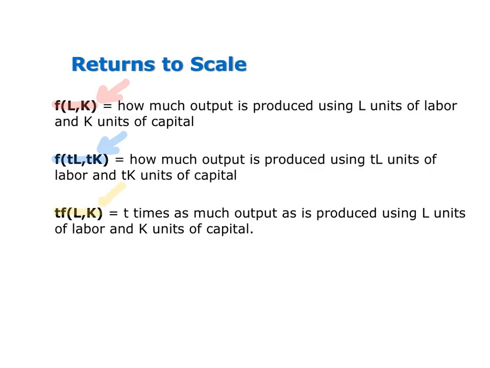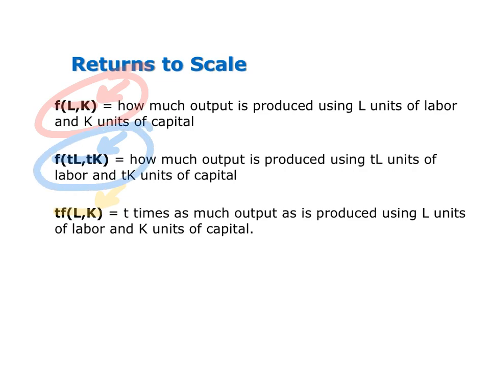Finally, this is the base of comparison. This is T times the original amount of output. So to summarize, we have first the original amount of output right here, how much is produced using the original amount of labor and the original amount of capital.